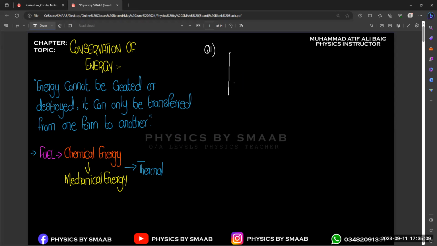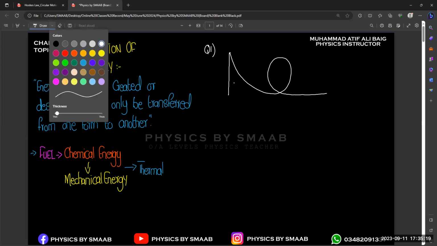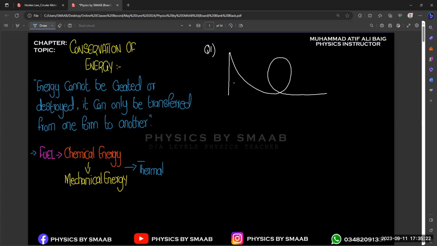If there is a toy car, let's suppose we consider one toy car, and that toy car has to move through this path, and we mark different random positions: point A, point B, point C, and point D. It's just like the motion of a roller coaster.